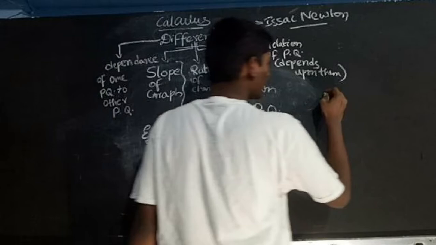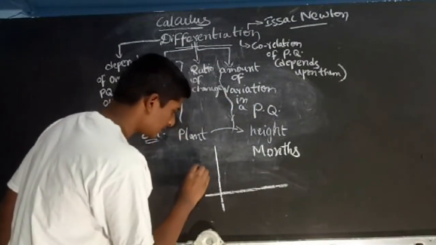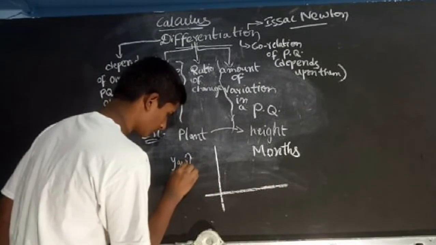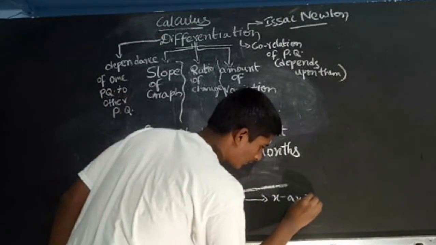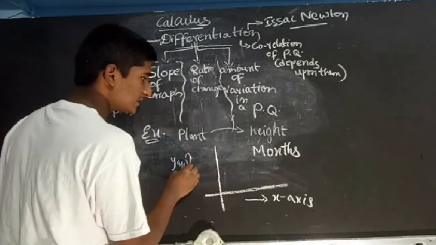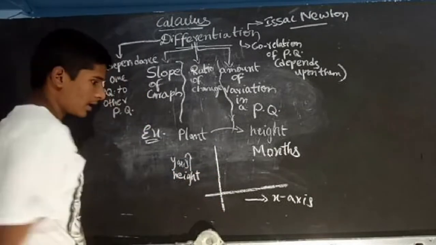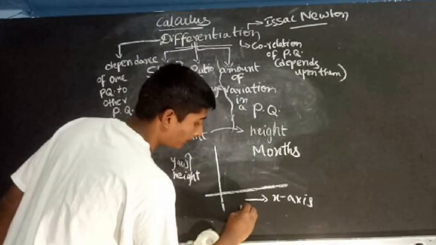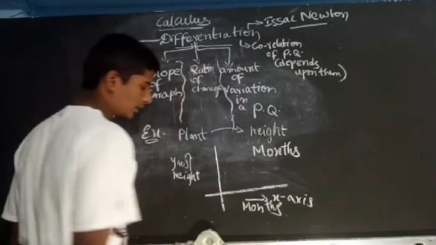and here I am making a table. So first, this is the y-axis, this is the x-axis. In the y-axis, we take height. In the x-axis, we take months or days. We can take months, or we can take days also.